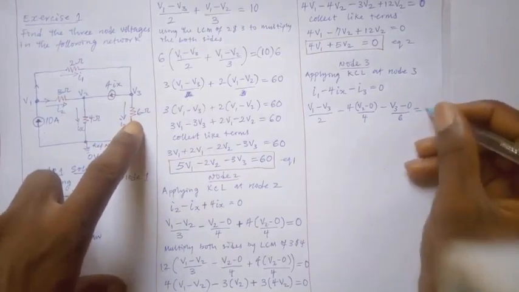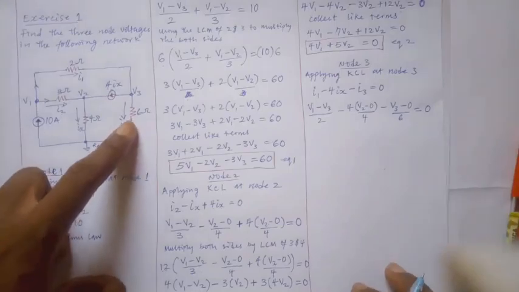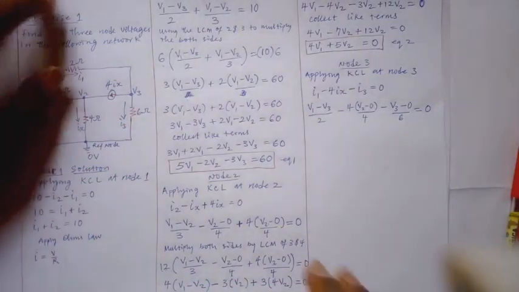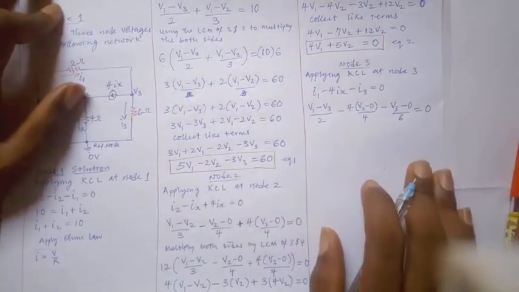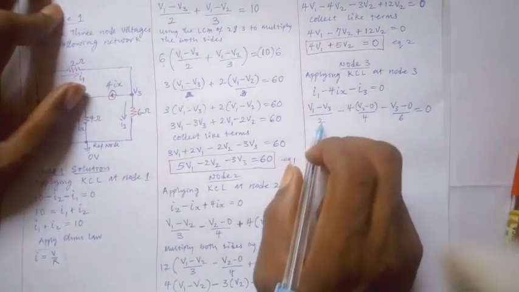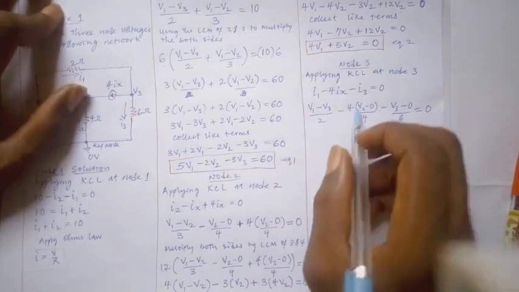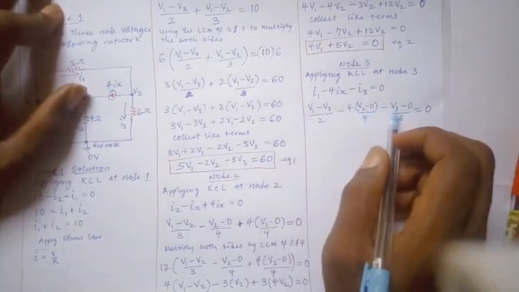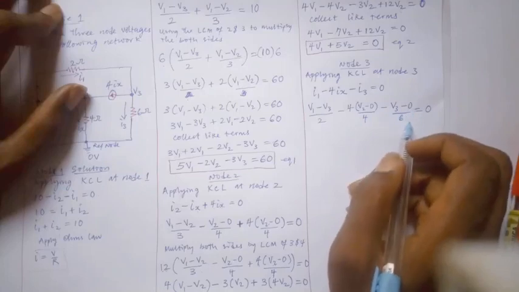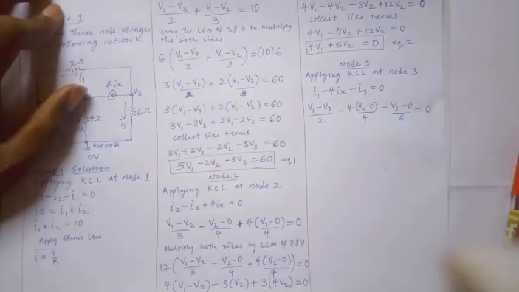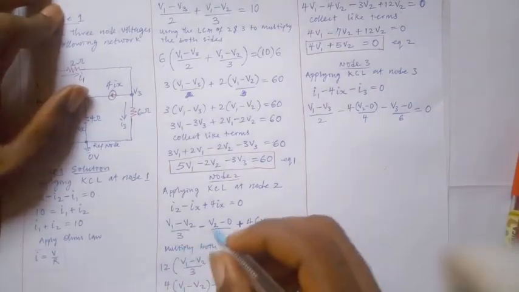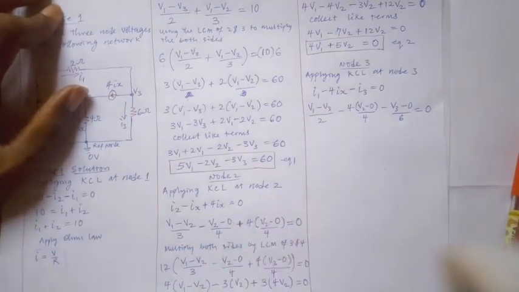Okay, equal to 0. Don't forget. When we are doing one example, you will understand it, but this one is very straightforward. V1 minus V3 over 2 minus 4 V2 minus 0 over 4 minus V3 minus 0 over 6 equal to 0. That's why I say you should pay more attention following this and take your pen and your book so we can work it together.